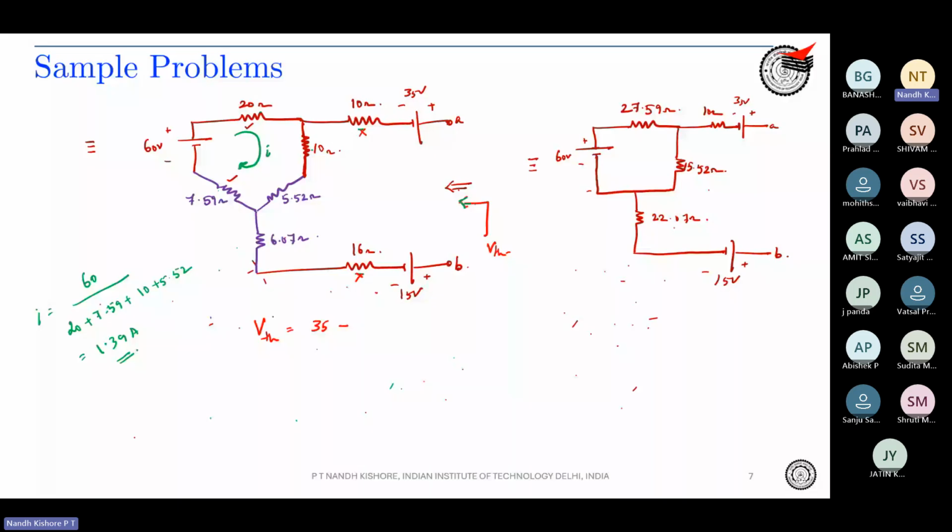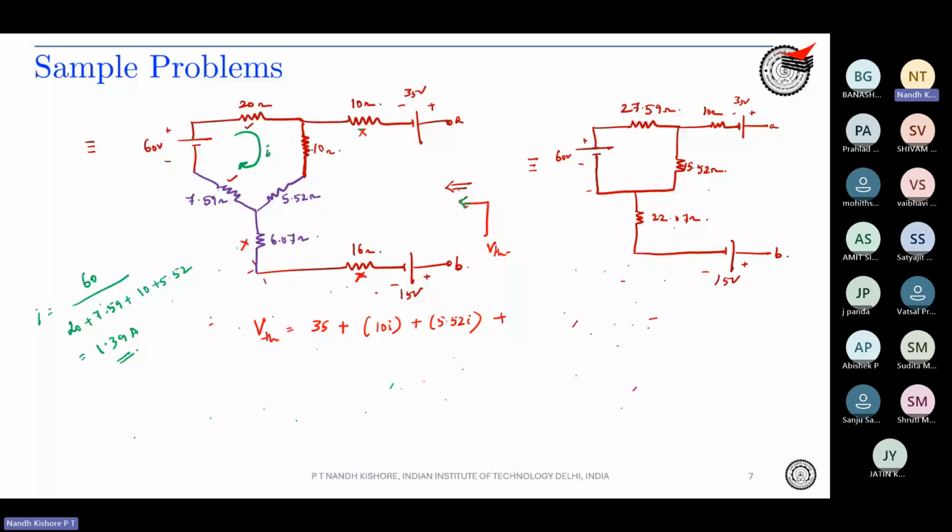Okay, and then there is of course your drop across your 10 ohm resistor, correct? So there is 10 into I, correct, plus 5.52 into I, right? And then no current is flowing through the 6.07 ohm resistor as well. Okay, so no drop over there, no drop over 16 ohm resistor, and there is your 15 volt, correct?